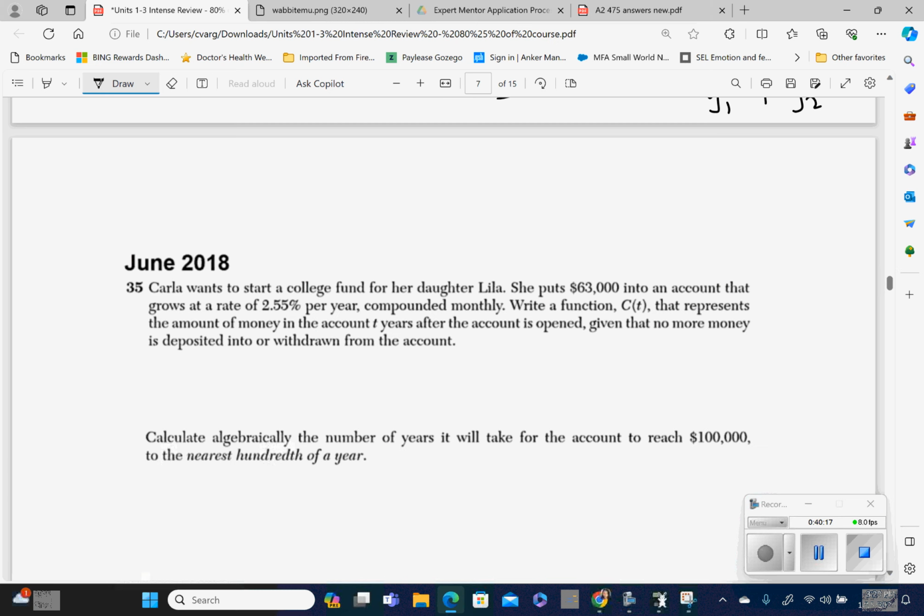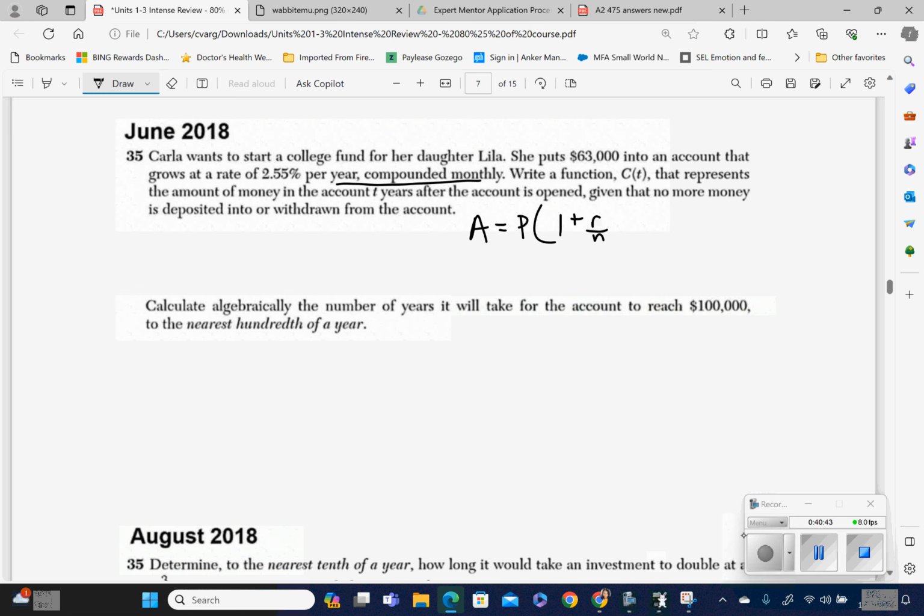The next one we have compounded monthly, and then we want to see the function. I want to refresh your memory: whenever you have compounded monthly, A equals P(1 + r/n)^(nt) is the formula that should come to mind when it says compounded.